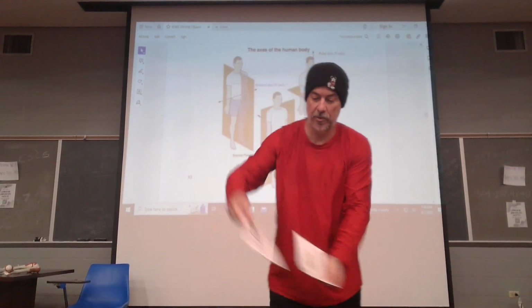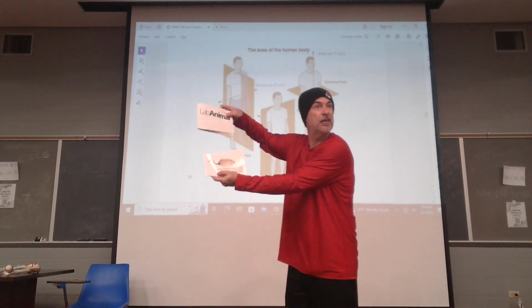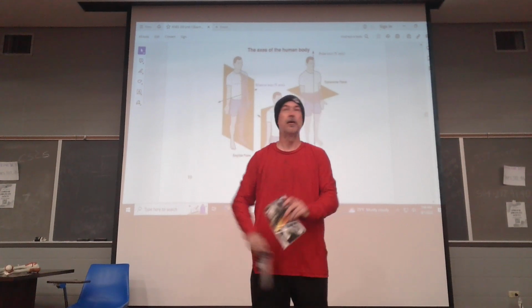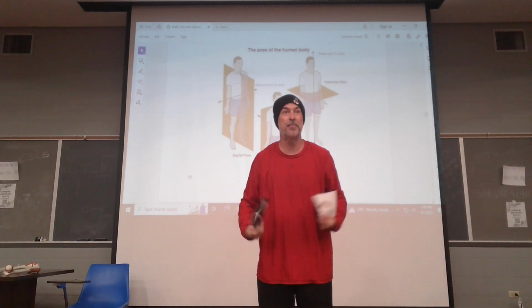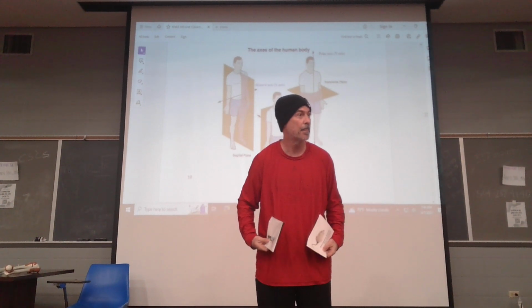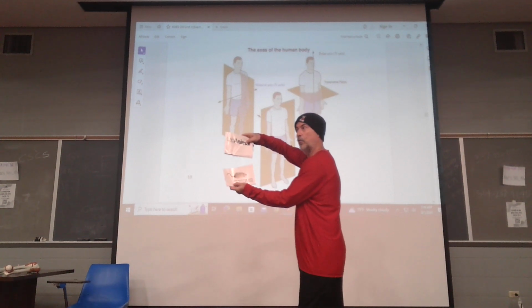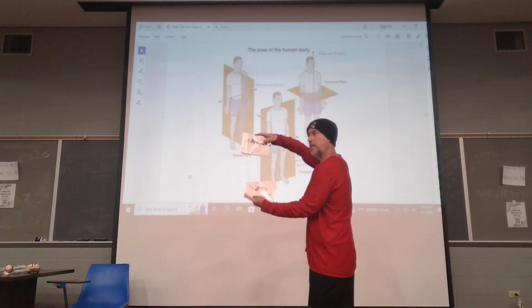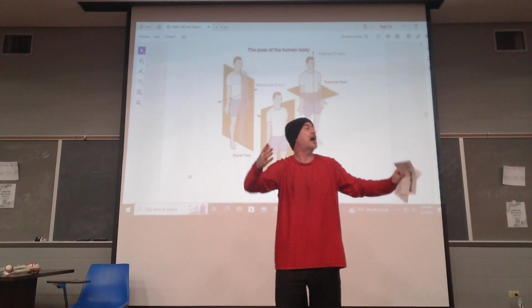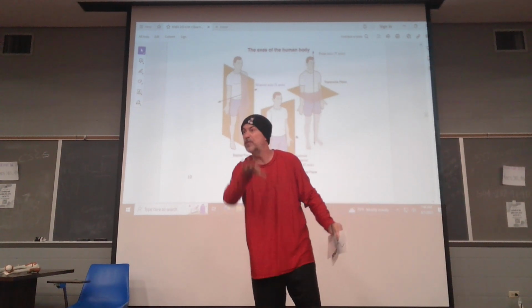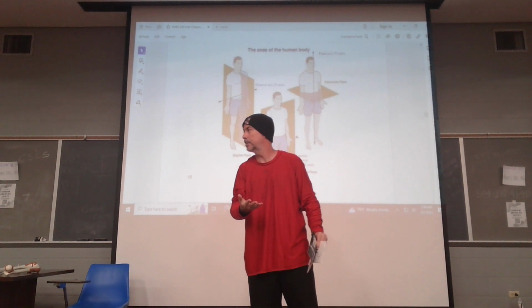Transverse plane separates top and bottom. What does that mean? I'm rotating my head in the transverse plane. That has nothing to do with the top and the bottom of me. However, by separating me from top and bottom, I establish a polar or longitudinal axis. I establish a superior and an inferior, a top and a bottom.